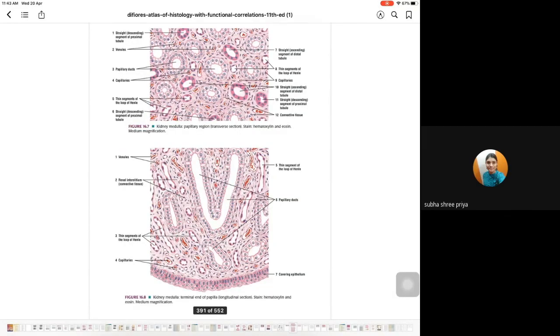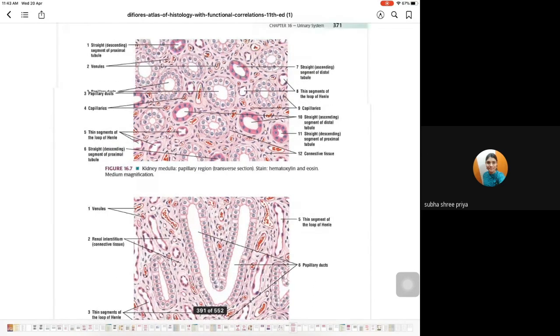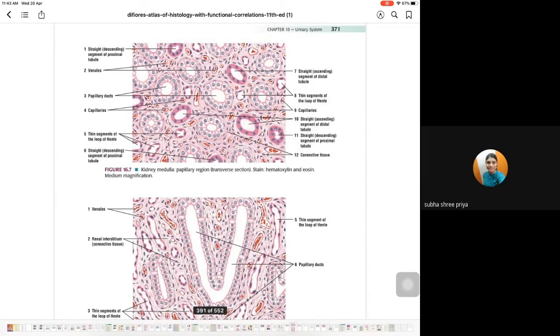Figure 16.7, kidney medulla, papillary region, transverse section, stain of hematoxylin and eosin. On medium magnification, you are seeing straight descending segment of proximal tubule, venules, papillary ducts, capillaries, thin segment of loop of Henle, straight descending segment of proximal tubule, straight ascending segment of distal tubule, thin segments of loop of Henle, capillaries, straight ascending segment of distal tubule, straight descending segment of proximal tubule and connective tissue.